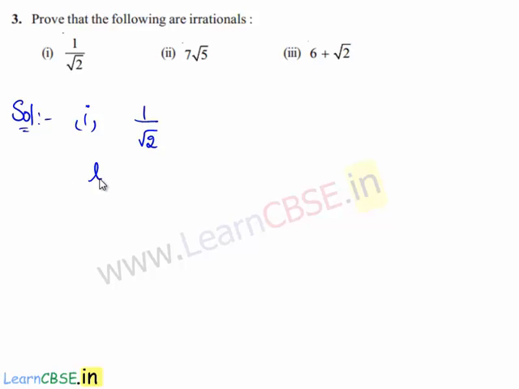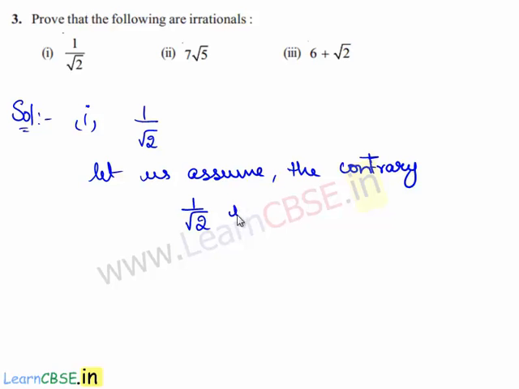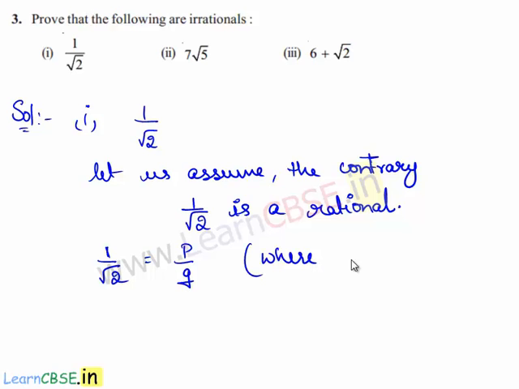For this, let us assume the contrary. That is, 1 by root 2 is a rational. Since we have assumed that 1 by root 2 is a rational number, 1 by root 2 can be written in the form of p upon q, where p and q are integers and also co-primes.